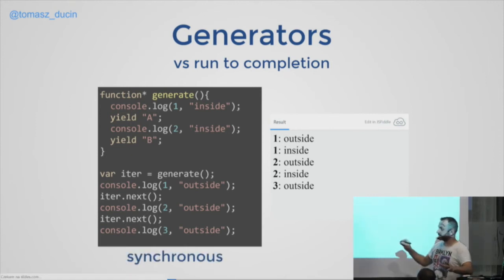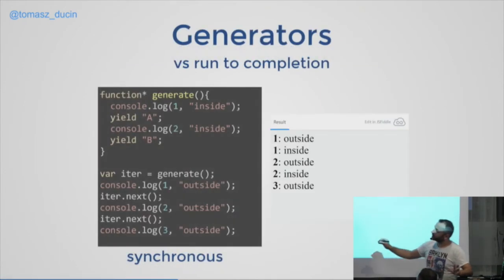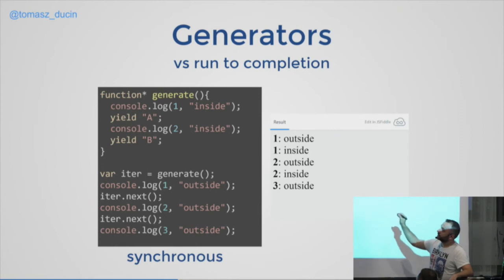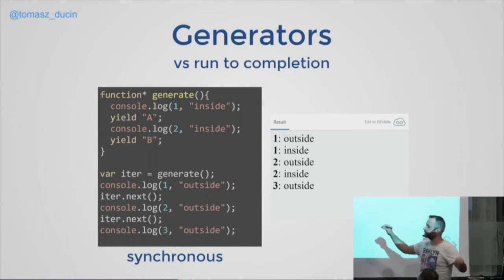It's lazy, so it's not going to start yet. I'm logging console.log 1 outside, and only when I call next, it's going to start, so it's as lazy as possible. It will do it at the very last moment that it can. When I call next, it's going to start, do the console.log 1 inside, and yield the value A. This value A is going to be returned from here, wrapped in an object. Let's forget it for a while.